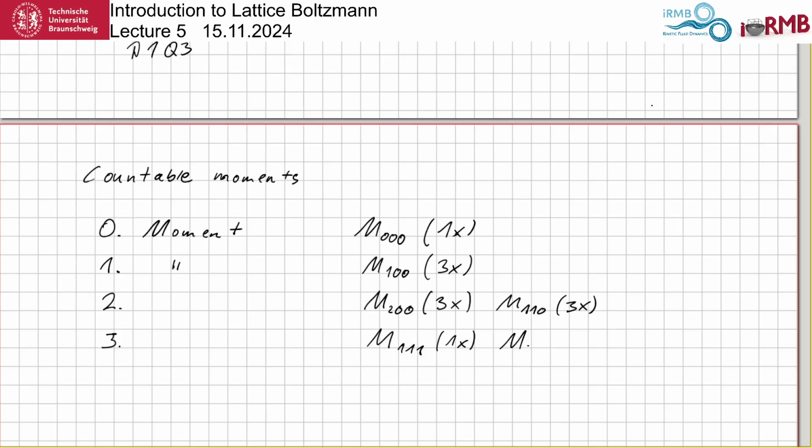2, 1, 0. 2, 1, 0. How many permutations? 3? No. 2, 1, 0, 2, 0, 1. Two permutations? No, because there's also 0, 1, 2.